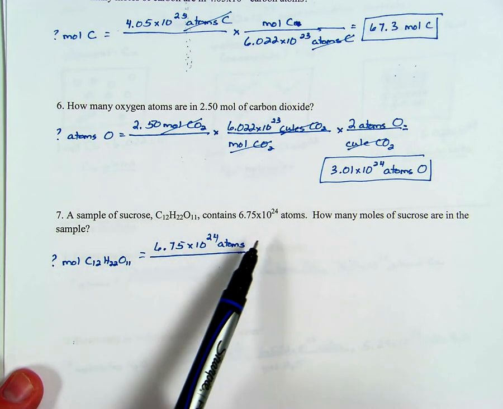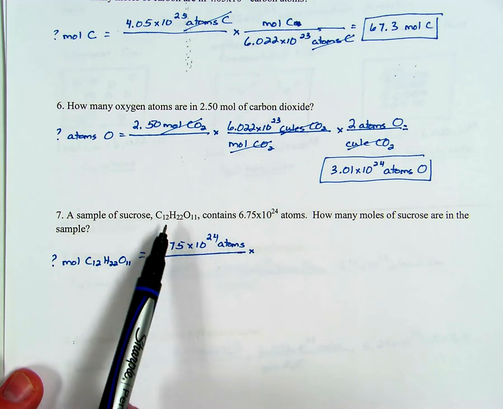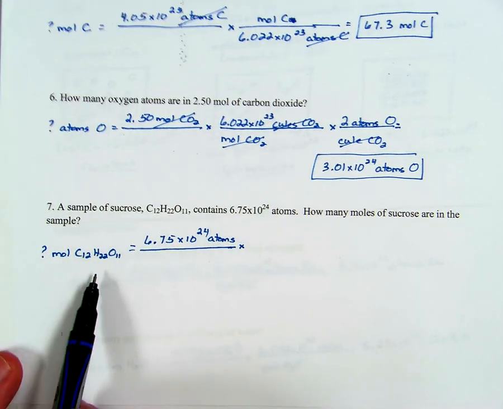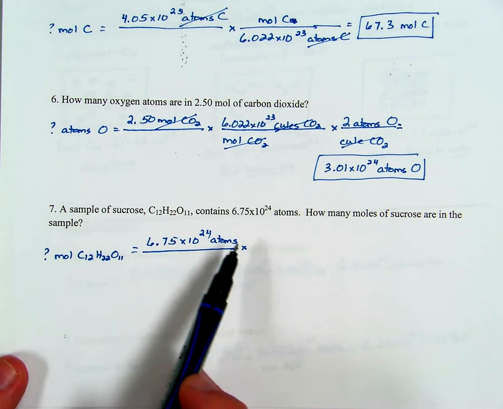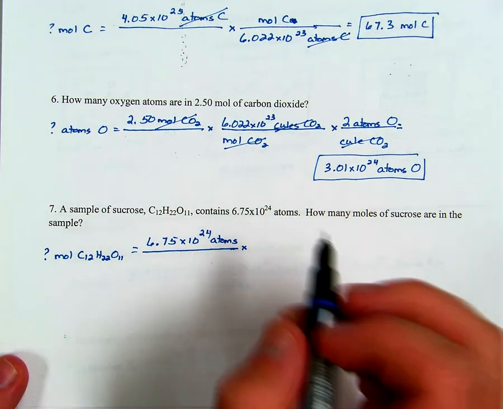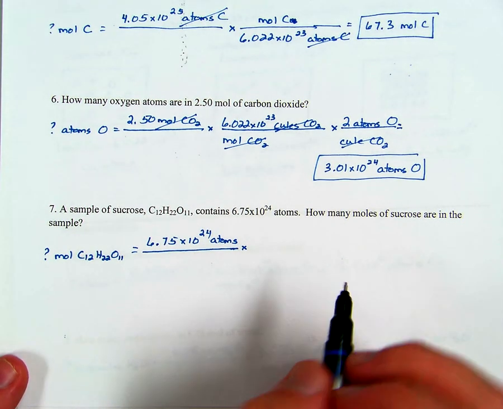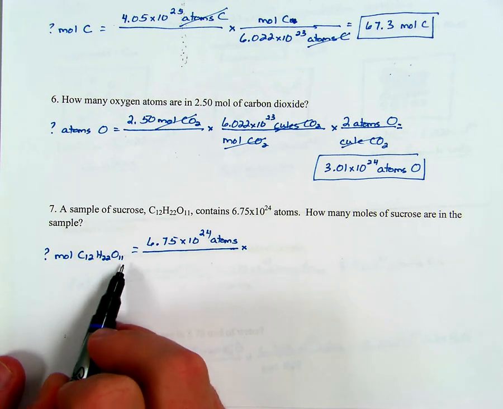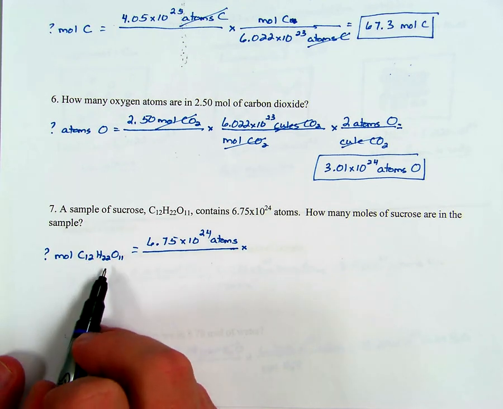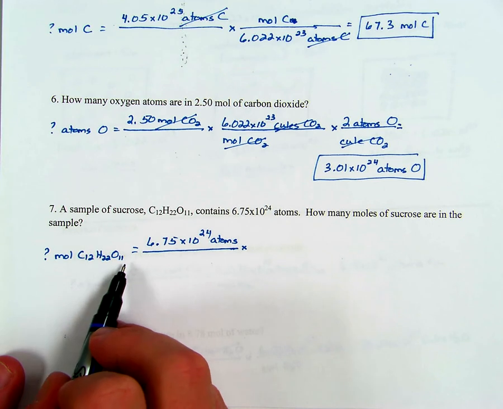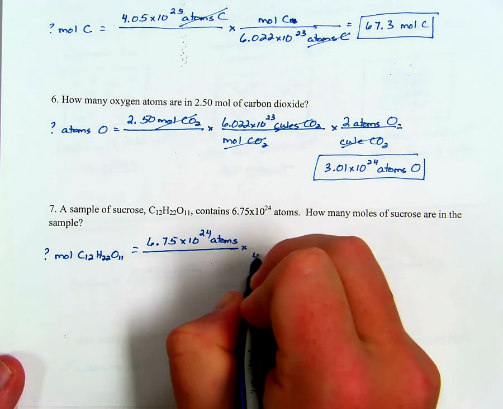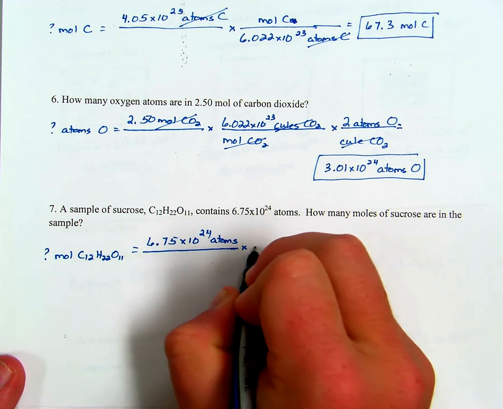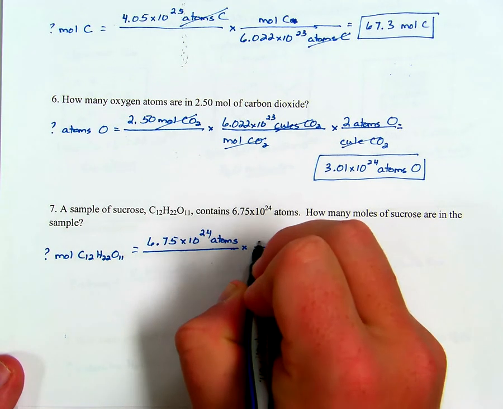So if I'm going to go from atoms to moles of the sucrose, I need to know how many molecules this is. Well, I can just count up the number of atoms in a molecule. There are 12 atoms of carbon, 22 atoms of hydrogen, and 11 atoms of oxygen. 12 plus 22 would be 34, plus 11 would be 45. So there are 45 atoms in every molecule of sucrose, C12H22O11.